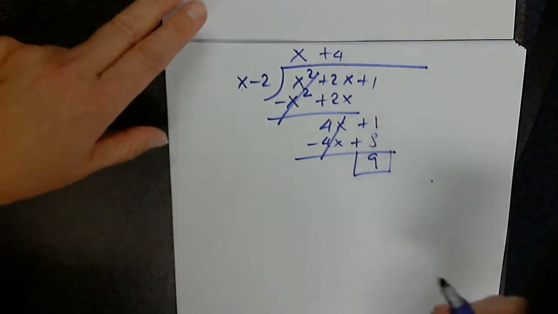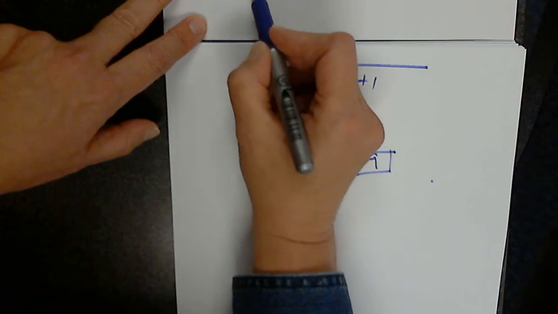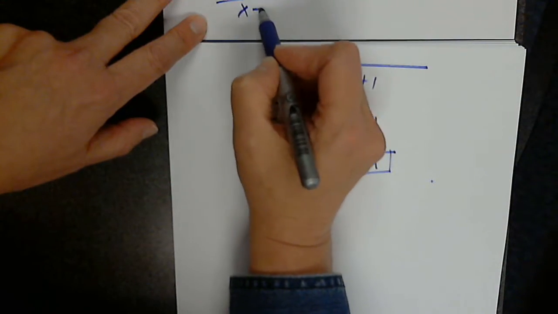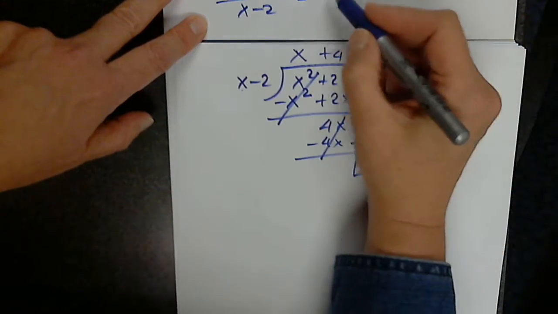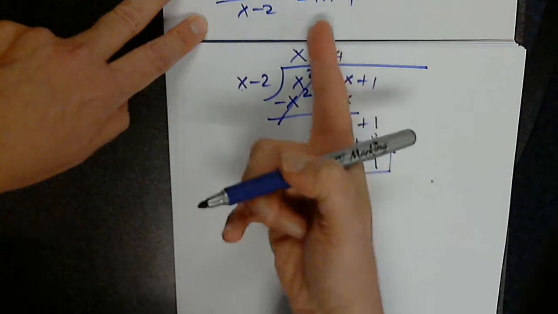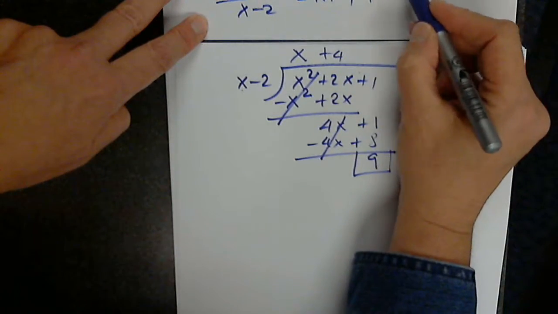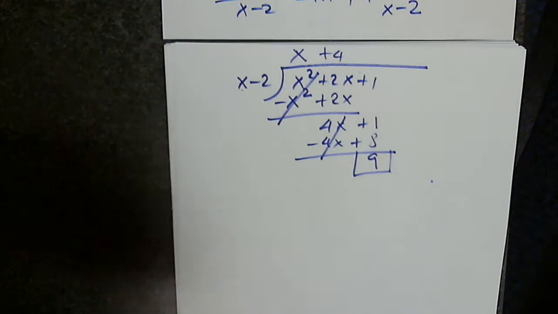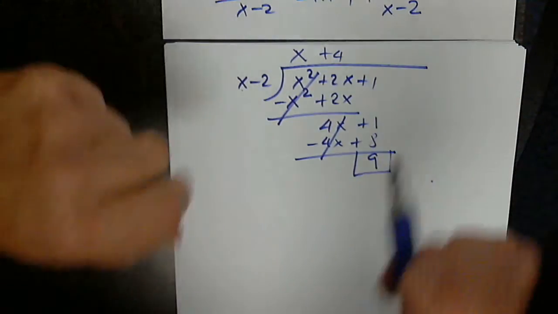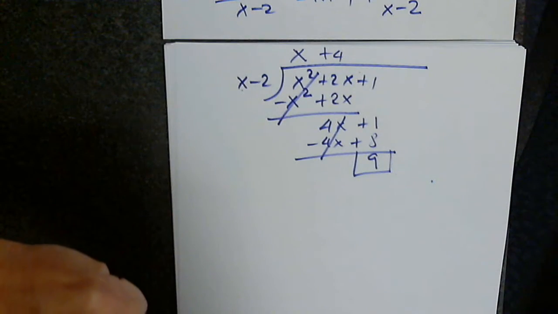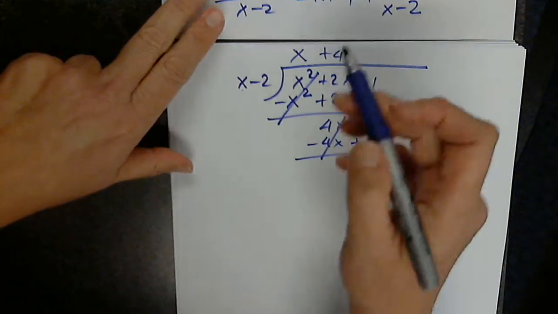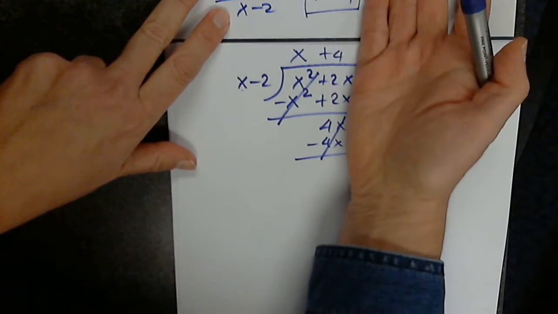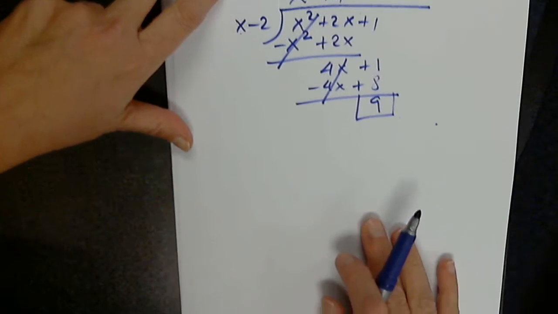So this division of x squared plus 2x plus 1 over x minus 2 is x plus 4, the quotient, plus 9 over the divisor. I'm sorry, the remainder over the divisor. Any questions? x plus 4 alone, not this, is the slant asymptote.